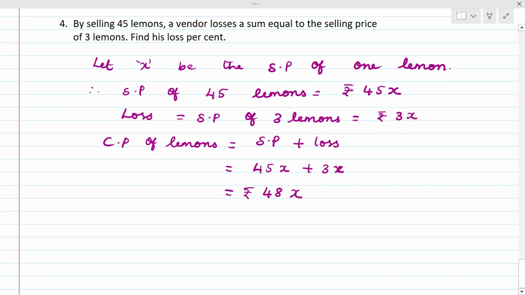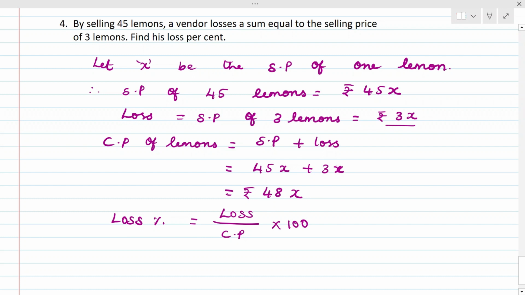When SP and loss are given, then CP is equal to SP plus loss. Now we have to find out the loss percentage. We have already found the loss here, so we are not finding it again. Directly we find the loss percentage.